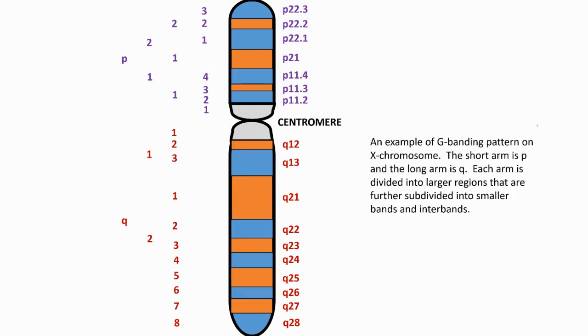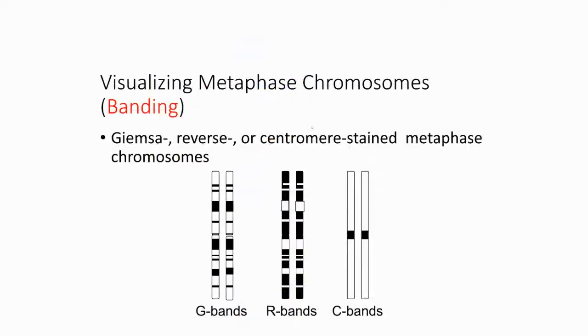So that's one way that you can see those metaphase chromosome bandings, right? Can have a G band.